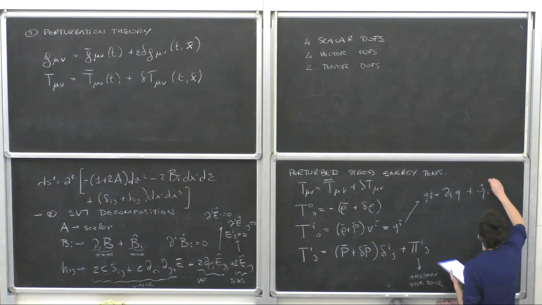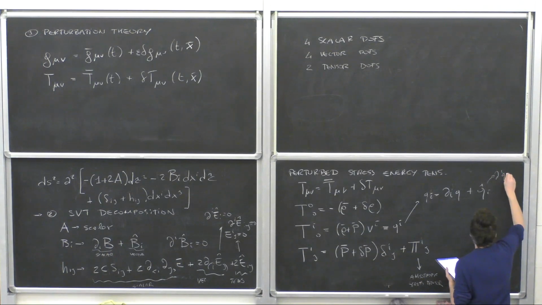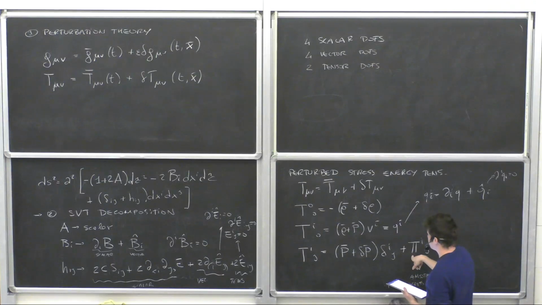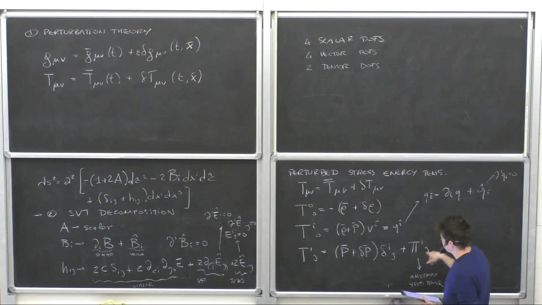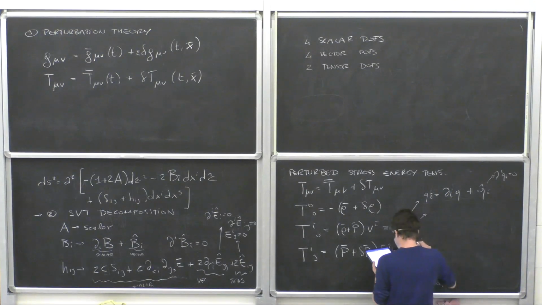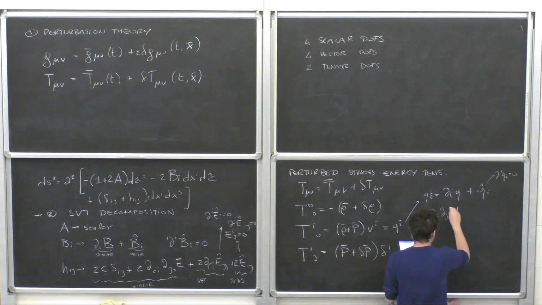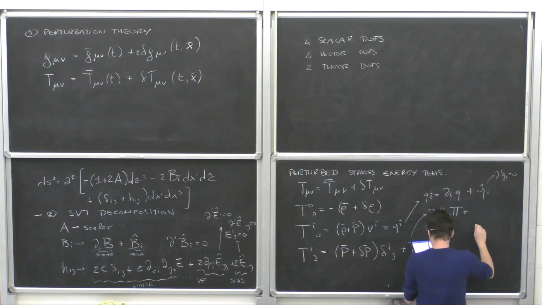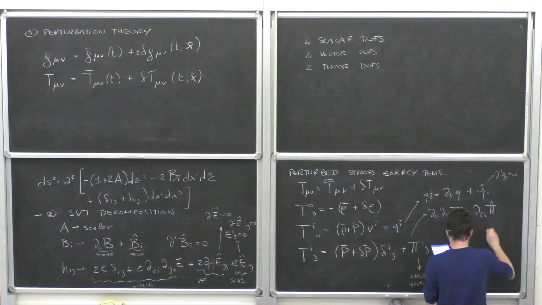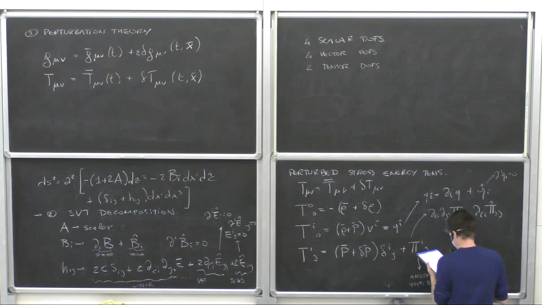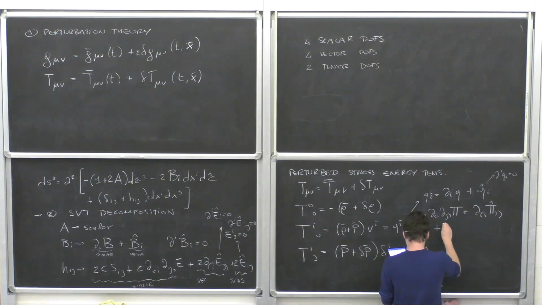Well, this is divergenceless. And then we're going to take the tensor component here, well, the spatial fluctuation components here, and break it down again as a scalar part plus vector plus tensor part, okay?